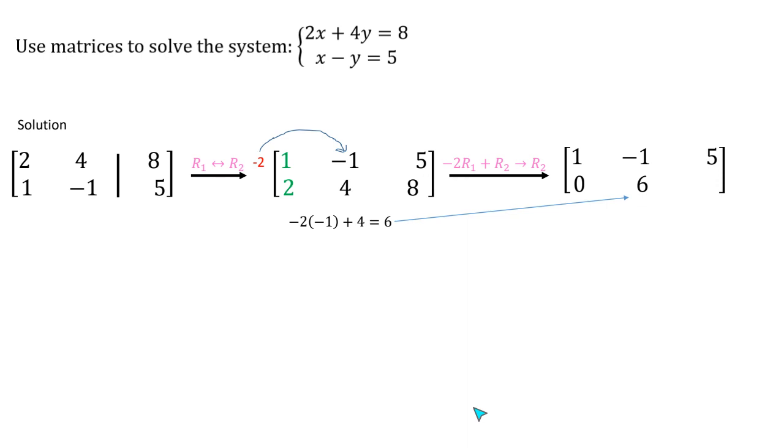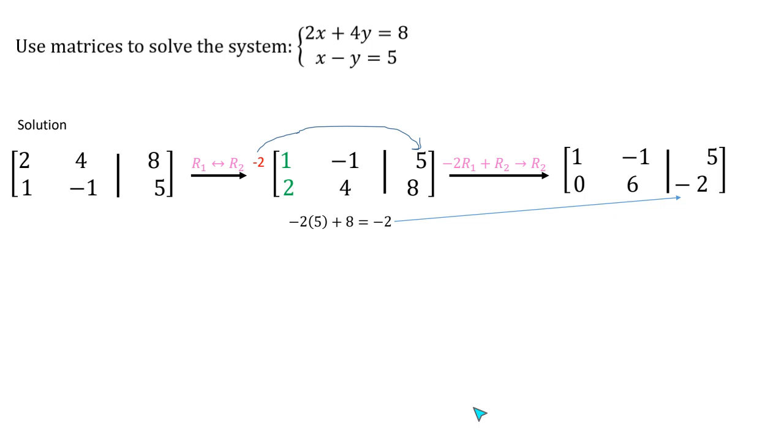That goes right there. And then the last one, I'm going to multiply a -2 to the 5. -2 times 5 is -10. -10 plus the 8 is going to be a -2, and that goes there. So by me adding the -2 times row 1 plus row 2, this gave me a new row 2 that goes right here, 0, 6, -2.